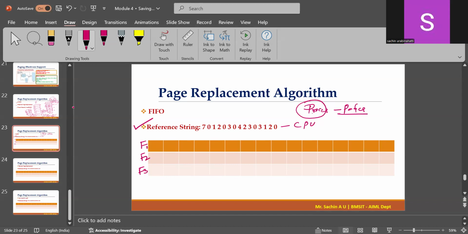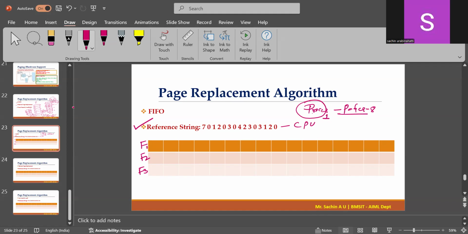Let us assume this process is P1. How many pages is P1 divided into? The highest number in the reference is 7 and the lowest is 0. That means we can assume the process is divided into 8 pages, page number 0 to page number 7.